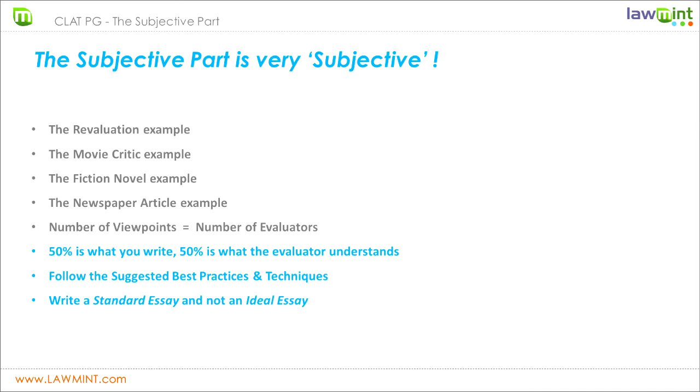When two different people read a subjective answer, there is a high probability that the scores that they award will be different, because there are a number of variables that will be at play when two different individuals are reading the same answer.